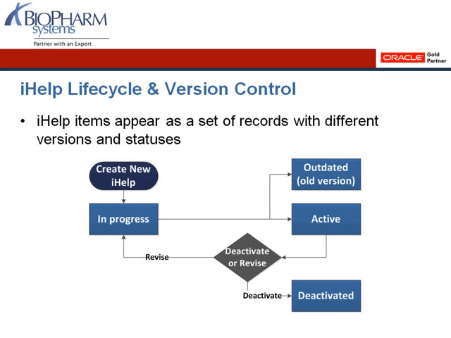After that point, you can either deactivate or revise the iHelp. If you deactivate it, it becomes not visible to end users, and its status changes to inactive, and that's basically it. You can always reactivate it. If you decide to revise the article, which is the usual case, iHelp will create a copy. It will create a new version.